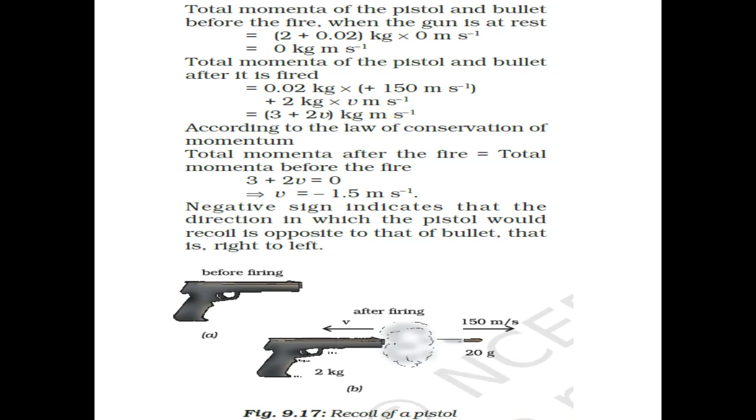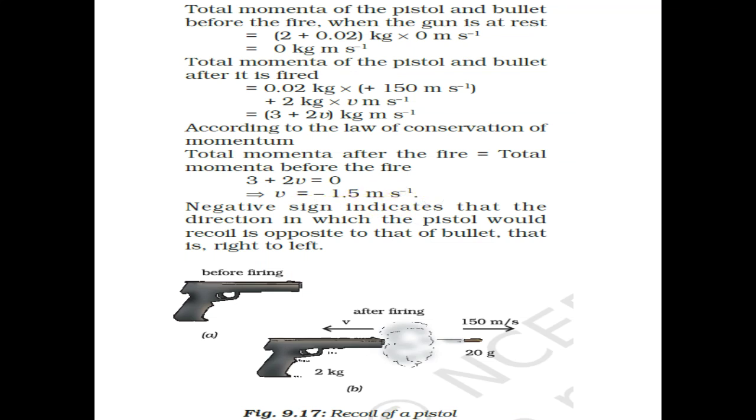We will put in the given values, and according to the law of conservation of momentum, the total momentum after the fire equals the total momentum before the fire. We equate the two equations and finally we get V equal to minus 1.5 meter per second.